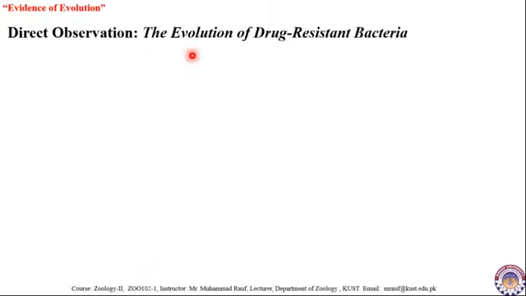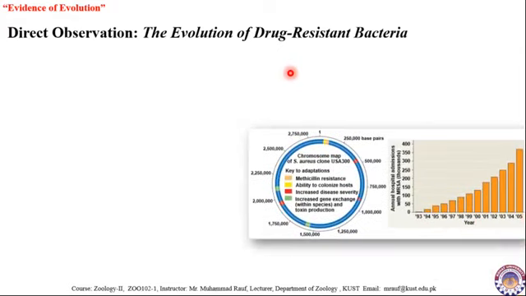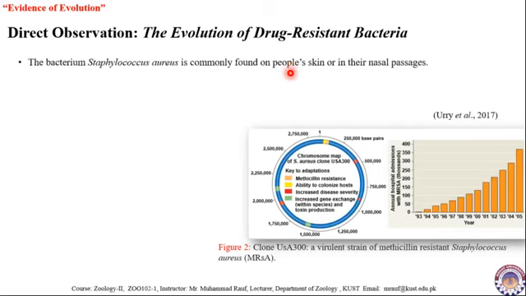Direct observation, the evolution of drug-resistant bacteria. The bacterium Staphylococcus aureus is commonly found on people's skin or in their nasal passages.